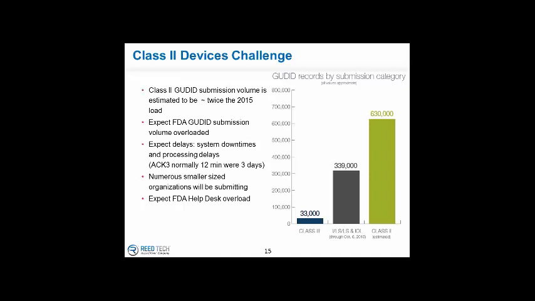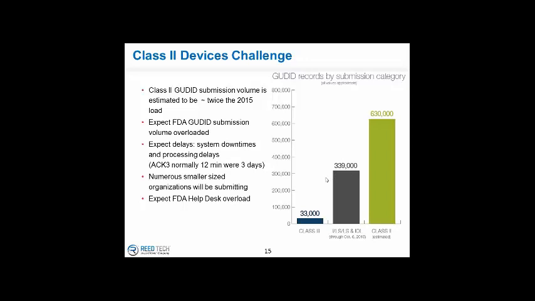I wanted to show this, Joe, and it's good for the audience to realize that what we have experienced for the Class 3 submission volume was relatively very low. A couple months ago, we completed, or industry completed, a number of submissions for the implants, life-sustaining, life-supporting, and that was literally about 10 times more submissions.